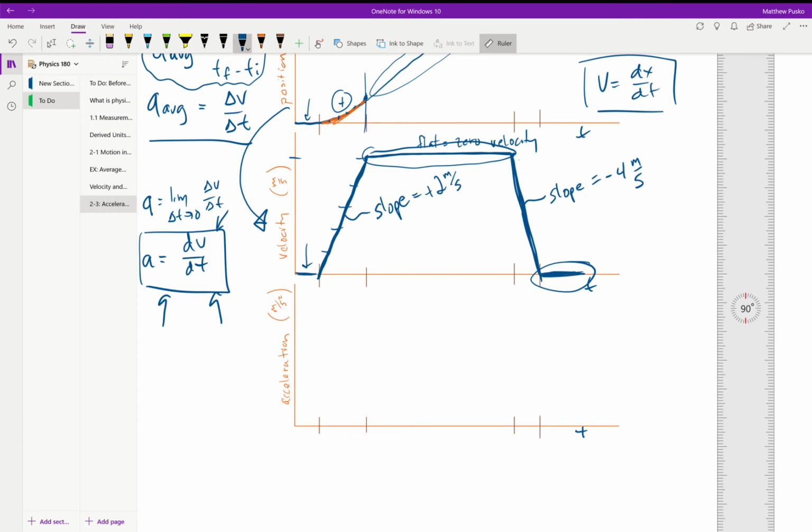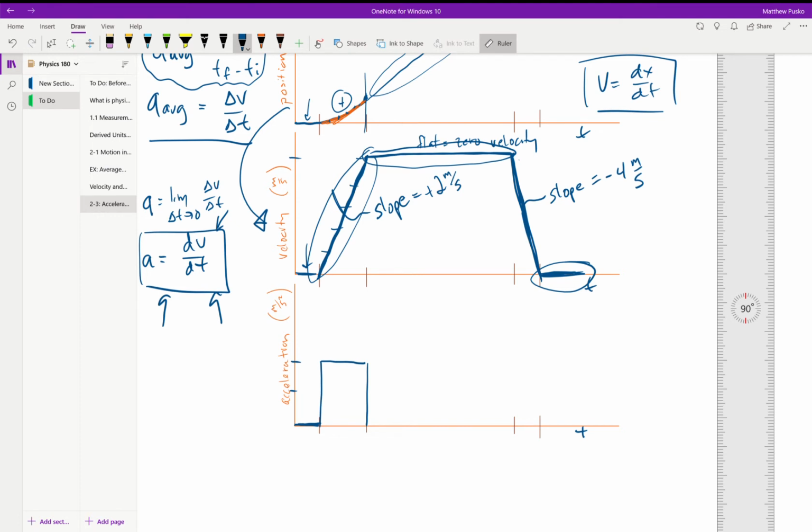Right here it turns out we have a slope of +2 for this section. And we can literally just go up here and say, alright, well, it accelerated at a constant 2 meters per second squared. It initially was at rest and stayed there till 1 second, so it had a 0 acceleration.